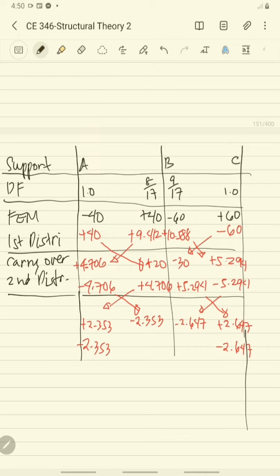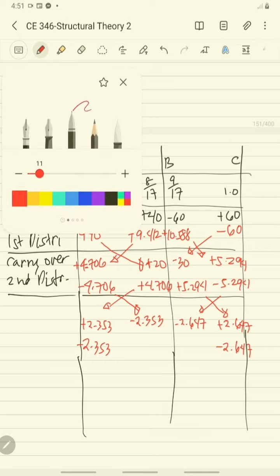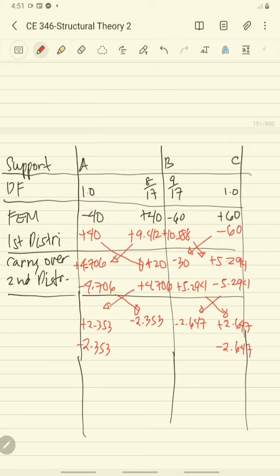Okay, so for joint B, we need to balance again. There is an unbalance moment. So we have 2.353, okay, minus 2.647.